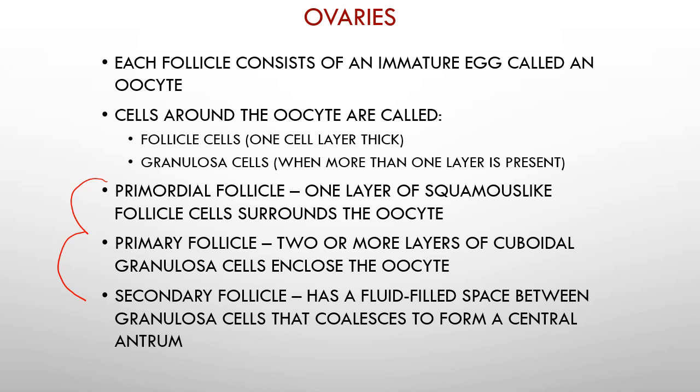Rather than just having an oocyte with some cells surrounding it in a couple of layers, this is going to start to develop a space inside with fluid surrounding it as well. We're going to have some fluid inside that antrum, and that's going to start to increase in size.